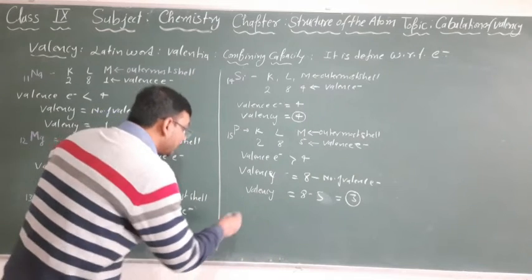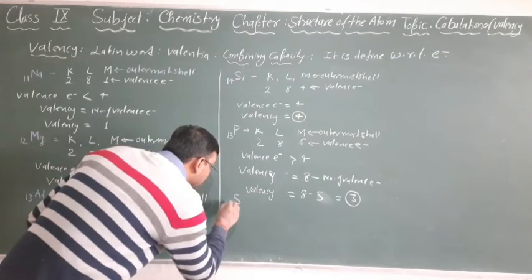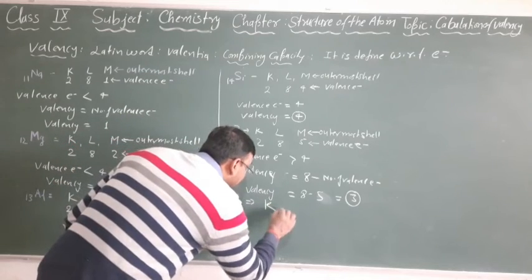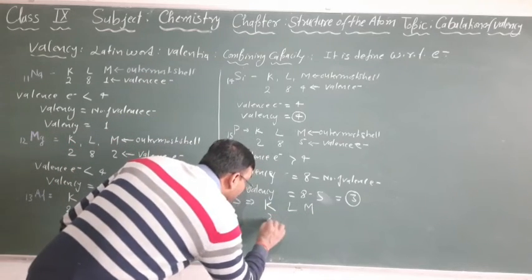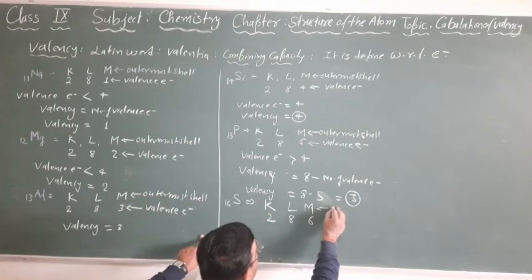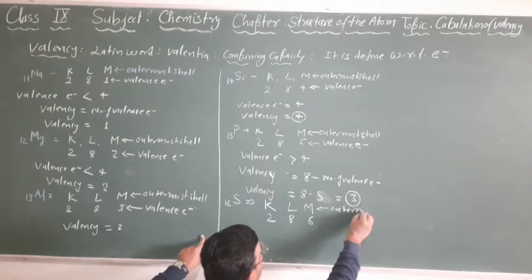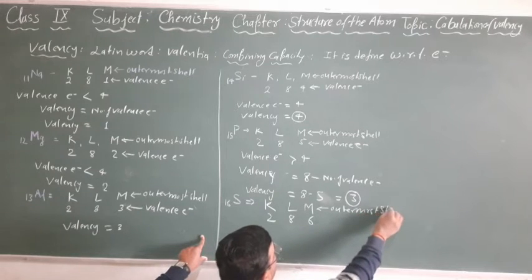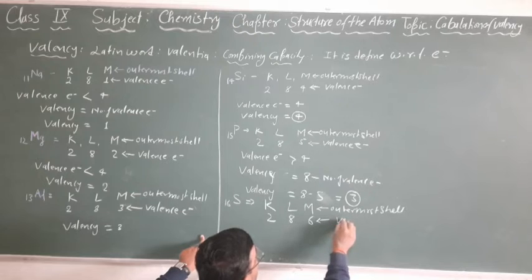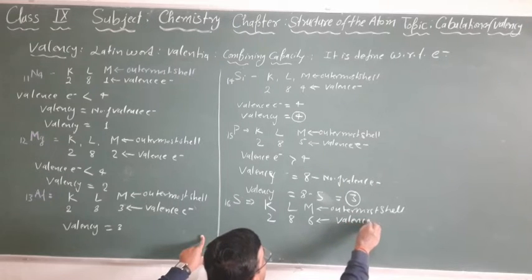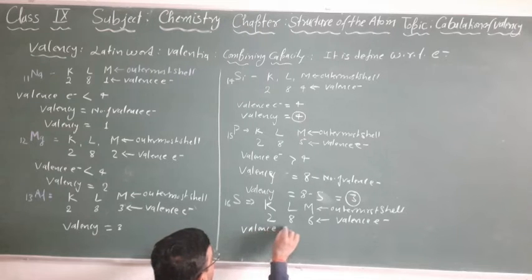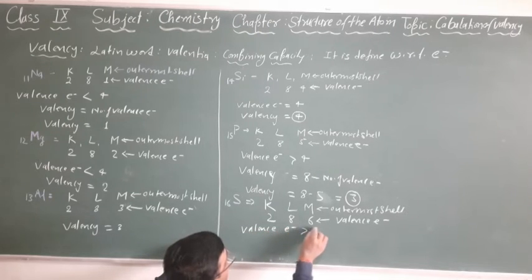After phosphorus, sulfur 16. The electronic configuration K L M is 2 8 6. This is the outermost shell, and the outermost shell has 6 electrons. So this is the valence electron, and here the valence electron is greater than 4.